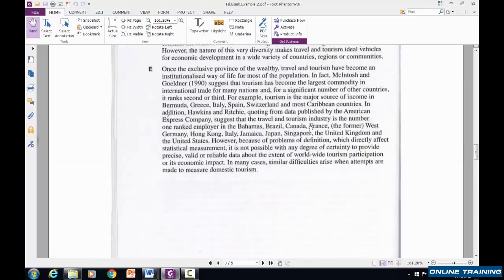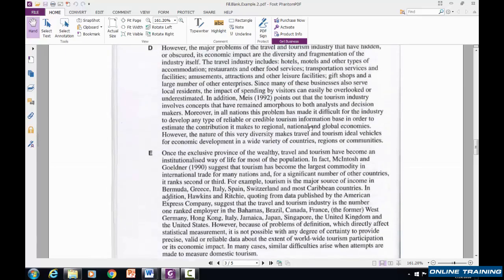When we look at this sentence, major source is the only language here that's similar to most important. So our answer is going to be source of income, or income, which they would also accept as an answer choice. But our answer here will be source of income because the word major is connected to most important.